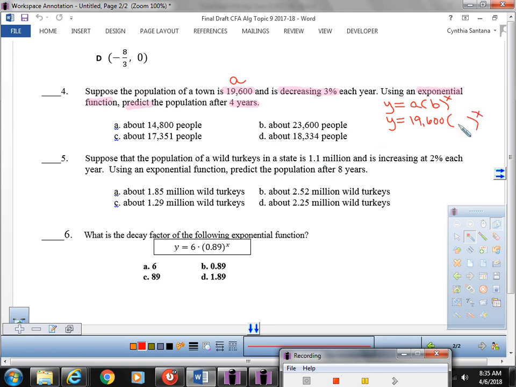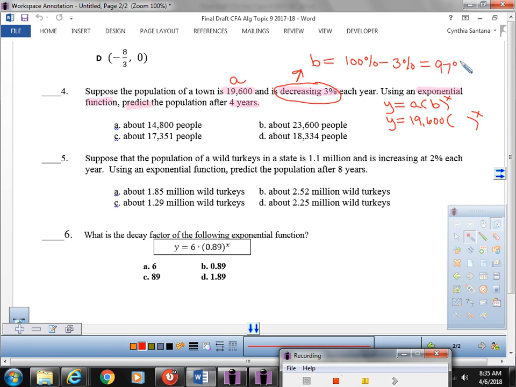So the B, which would be this number right here, you're going to get by using this percentage, okay? If you look at the percentage, it was decreasing by 3%. So in order to get, and write it down if you didn't know what to do, in order to get this number that goes right here, take 100% and subtract the 3%, and what are you left with? What's 100 minus 3?